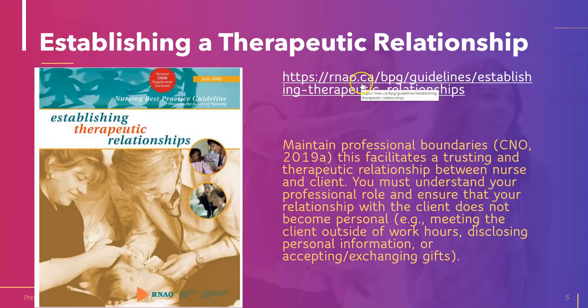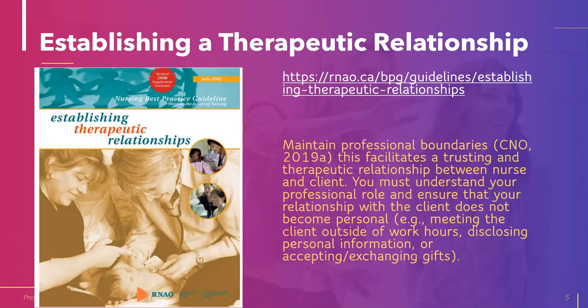The next document is the best practice guideline from the RNAO, establishing a therapeutic relationship. The document is accessible through this link at the top, but it really focuses on maintaining professional boundaries to facilitate the trusting and therapeutic relationship between the nurse and the client. You must understand the professional role and ensure that you are participating in the client-nurse relationship.